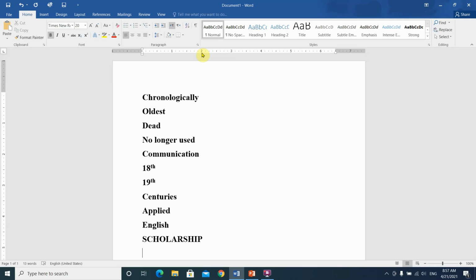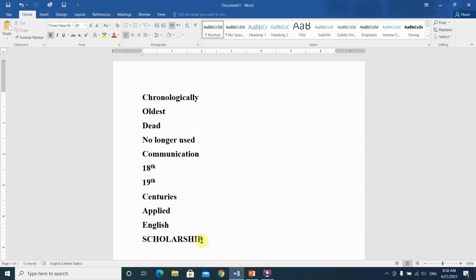And by scholarship we mean knowledge. Of course, scholarship also means a study grant or fellowship, by the way. The grant is a fellowship, but it has another meaning, which is knowledge. That is why we call a learned person a scholar. He is a scholar, meaning a scientist. So Latin and Greek are the languages of science and technology and scholarship in general.